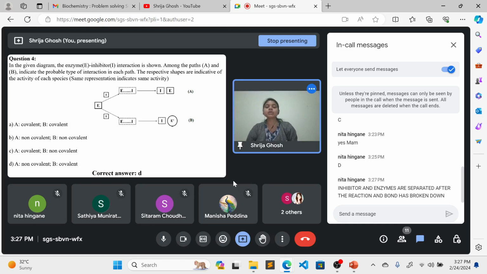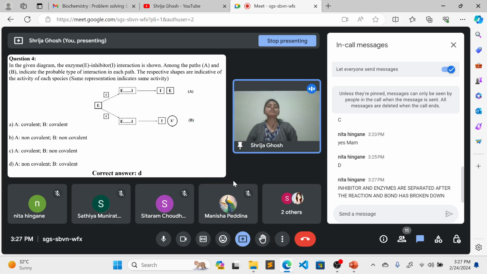Very good. So in case of the path A, what is happening? The enzyme and inhibitor are interacting, but there is no breakage of bond. So when those two molecules are interacting together and then separated, the activity remains the same for both of the molecules. But in the second case, what is happening?